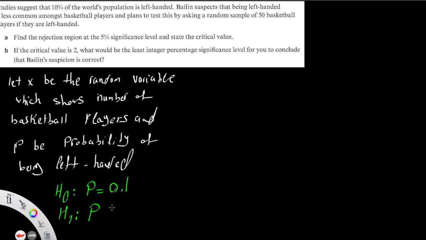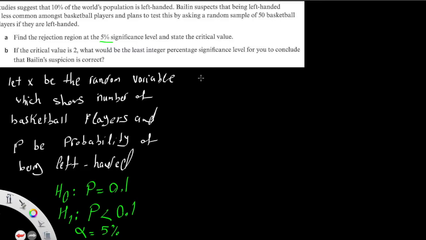So he believes that the probability of being left-handed is less than 0.1. Now alpha is also 5% as given in the question. Now, we are looking for the critical value to decide the rejection region.